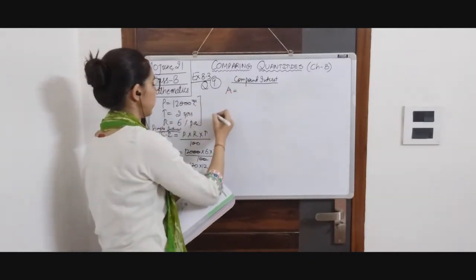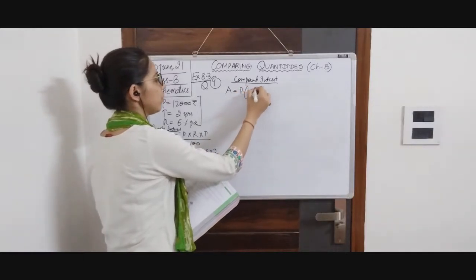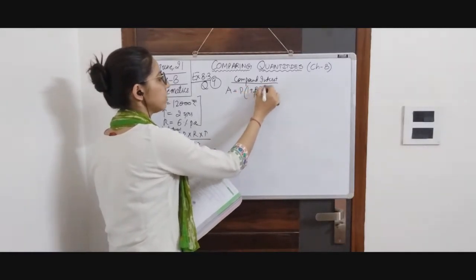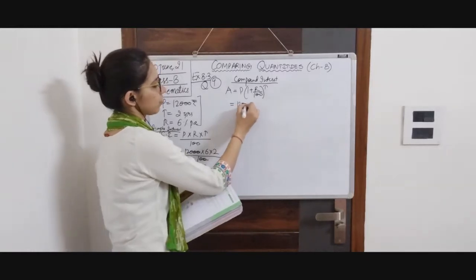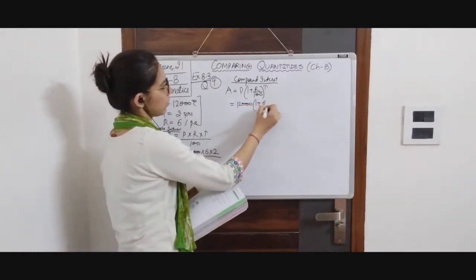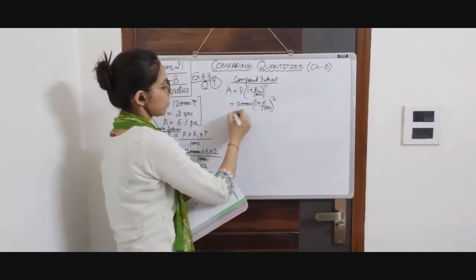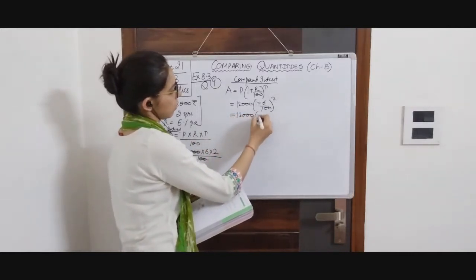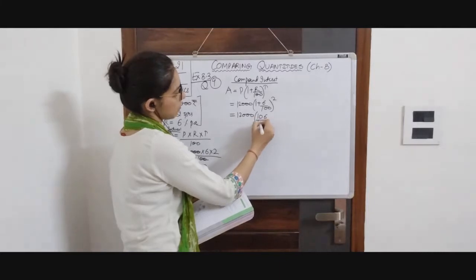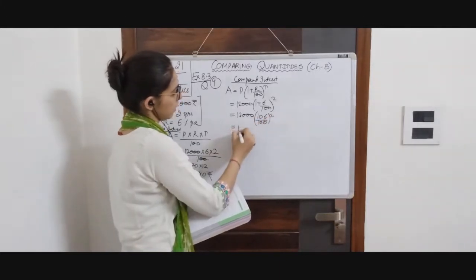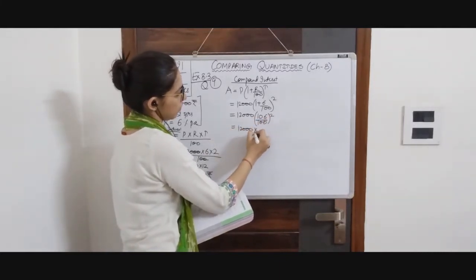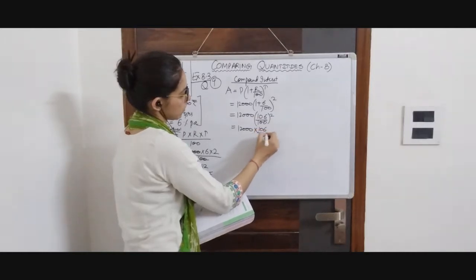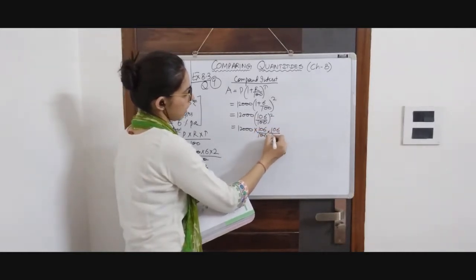We have to first calculate A, which will be equal to P into (1 plus R by 100) to the power T. P is 12,000, 1 plus 6 by 100 to the power T. It will be equal to 12,000 into 106 by 100 to the power 2, sorry. It means it is equal to 106 by 100 into 106 by 100.